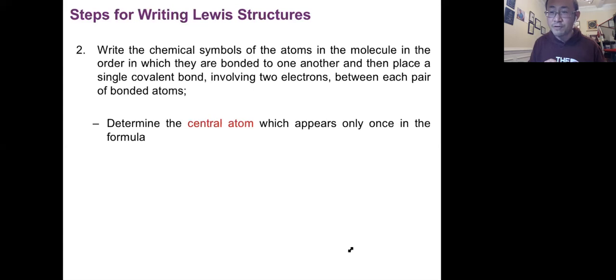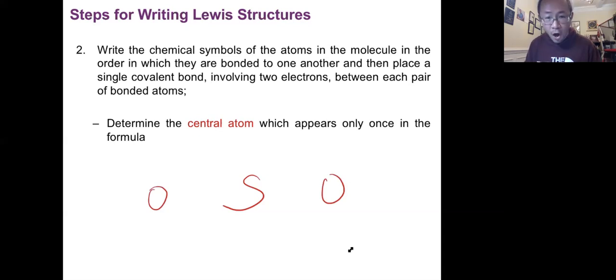The skeletal molecule can be completed by first determining the central atom, which is usually the one that appears only once in the formula. In this molecule SO2, which one appears only once? Sulfur. If that's the central atom, then the 2 oxygens will be the surrounding ones.